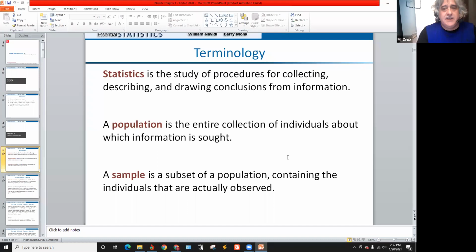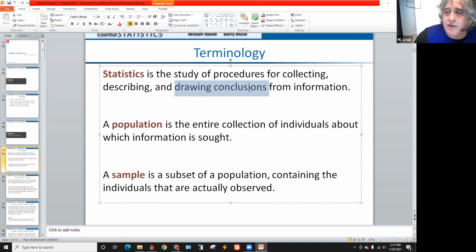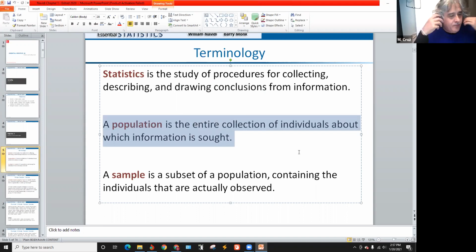Statistics is basically the study of collecting, describing, and drawing conclusions from data. Math 120 and the first half of this course are what we call descriptive statistics, because it's just calculating things. The drawing conclusions part is what we're going to look at in the second half of the course. A population is the entire collection of individuals that we want to study.